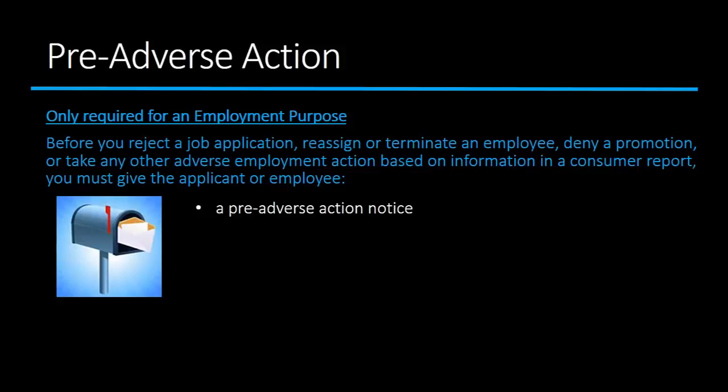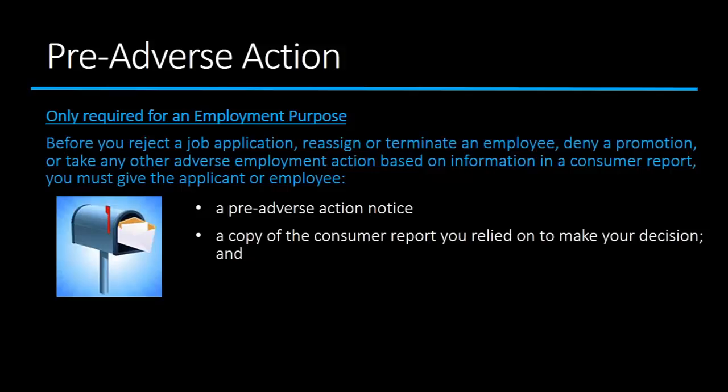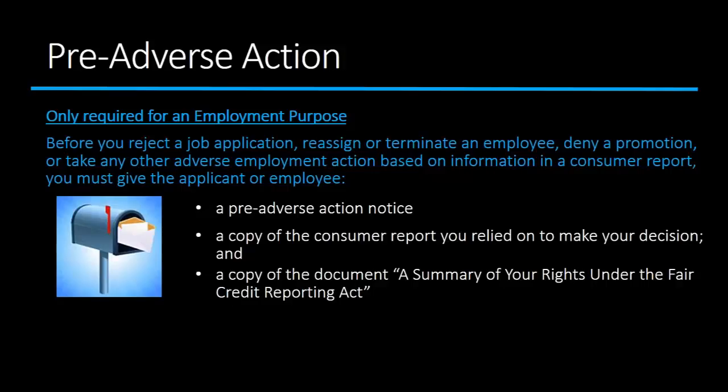Okay, here is the copy of the consumer report that we got back from our resource, our background check company that we relied on to make the decision. And here is a copy of the document that is called a summary of your rights under the Fair Credit Reporting Act. Okay, that document, that summary of rights, is a document designed specifically by the Federal Trade Commission and is required by the Fair Credit Reporting Act when you're communicating these adverse action notices to your applicants.